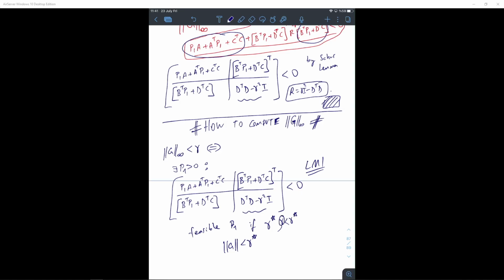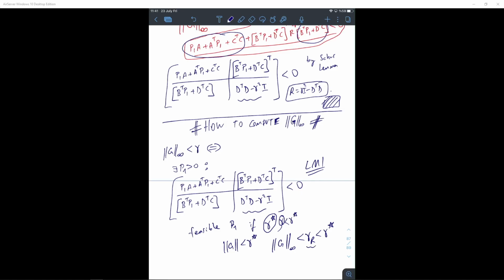Gamma star is our estimate, and this is the real gamma; this is gamma star, what we use.